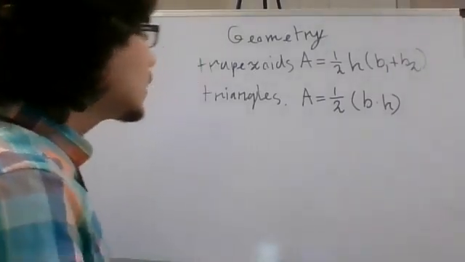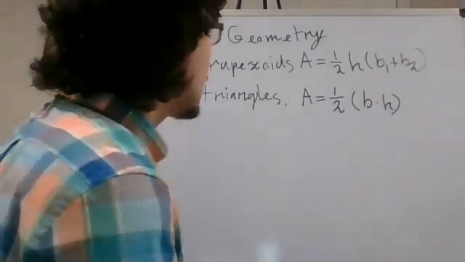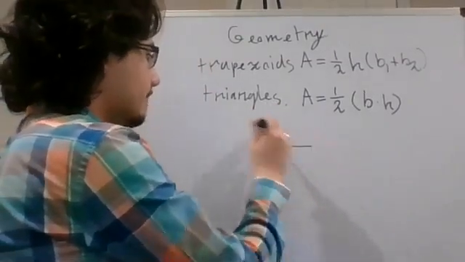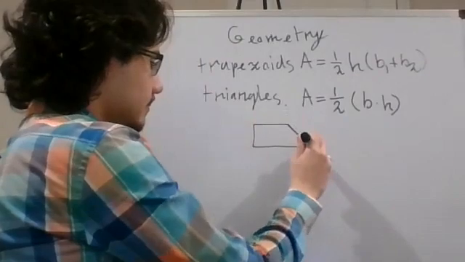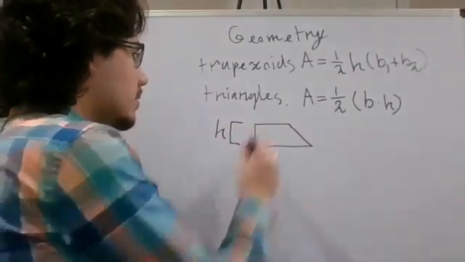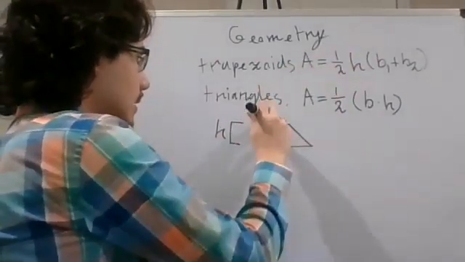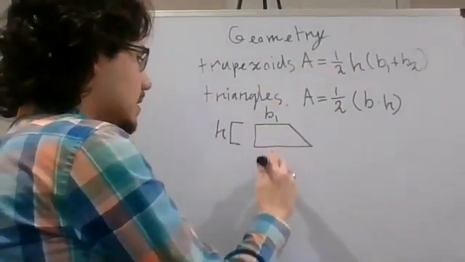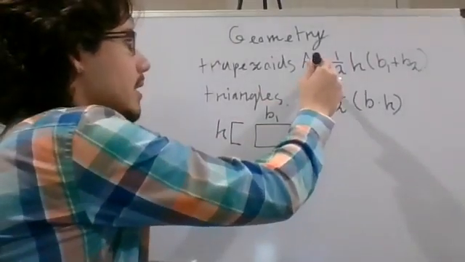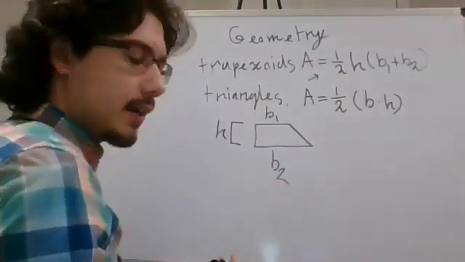Okay. So in the trapezoid that we reviewed last week, in the height of the trapezoid, where you have 2 bases, base 1 and base 2, it comes to this equation for the area of a trapezoid.